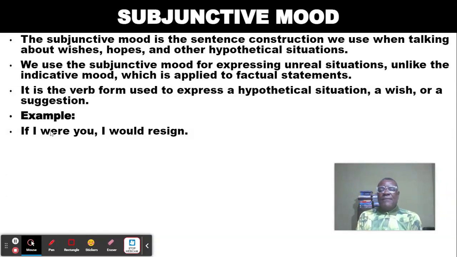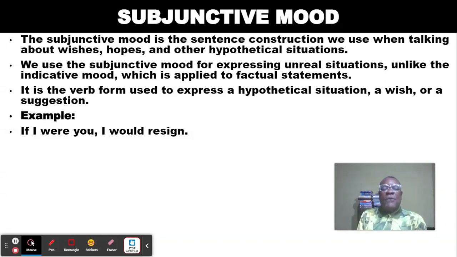But then, if you look at other subjects, whether singular or plural, once it is in the subjunctive mood, the acceptable form of the verb is were. If I were you, if you were he, if he were there at the seminar, if they were there, if we were there, if you were there, if I were there.